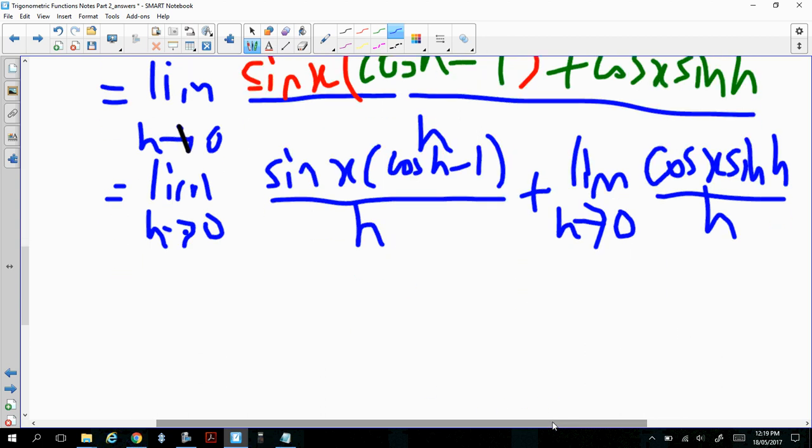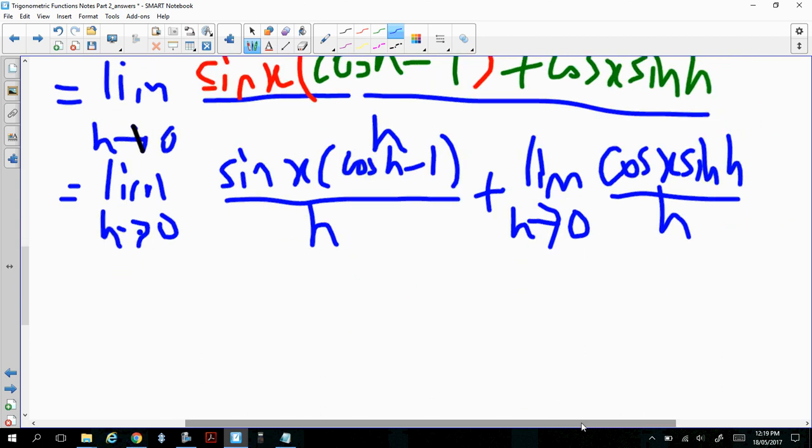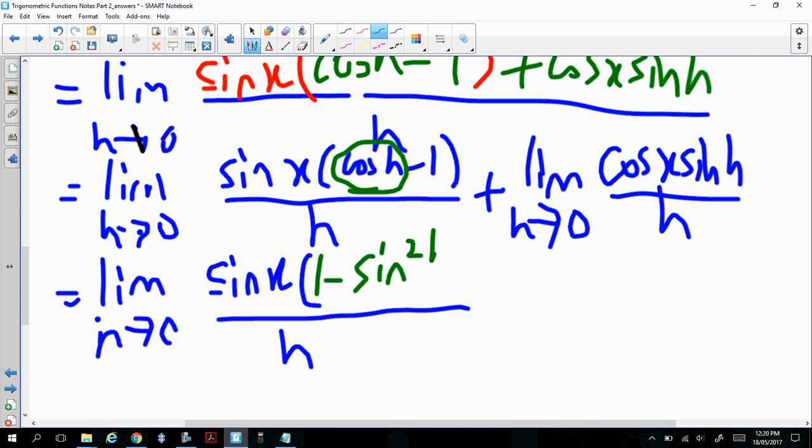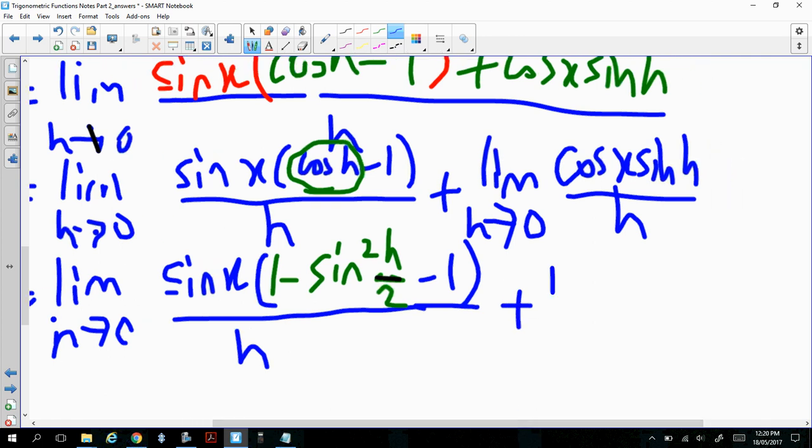Then I need to make some changes. This cos h, using the double angle formula, becomes 1 minus 2 sine squared of h over 2, minus 1. And then we continue, plus the limit as h approaches 0 of cos x sine h over h.